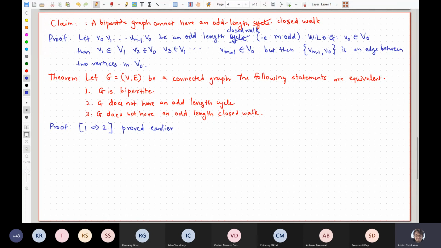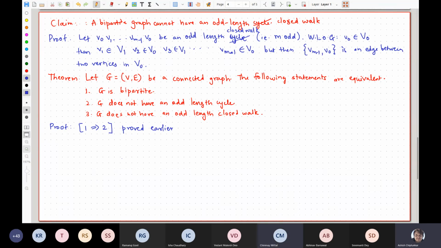So what idea did you have? Either the graph, if it is connected, will have an even length cycle or it won't have any cycle. Wait, one second. What part are you proving? 2 implies 1. Okay, go on.